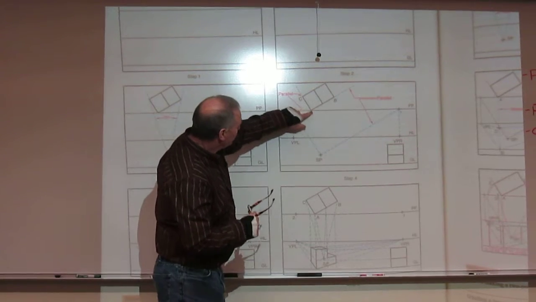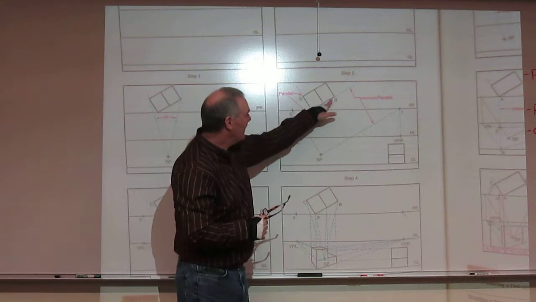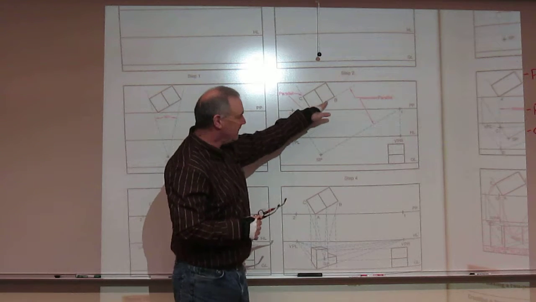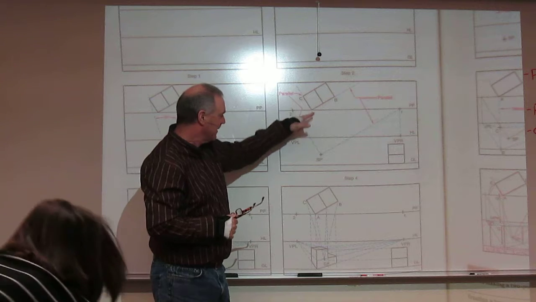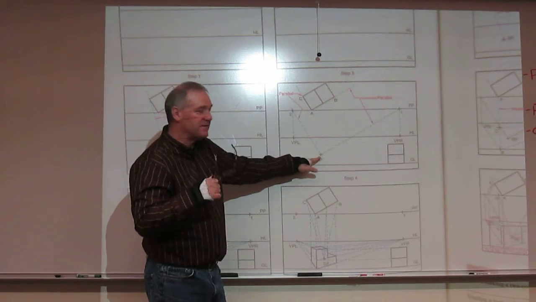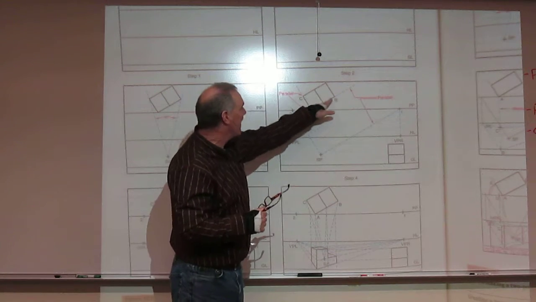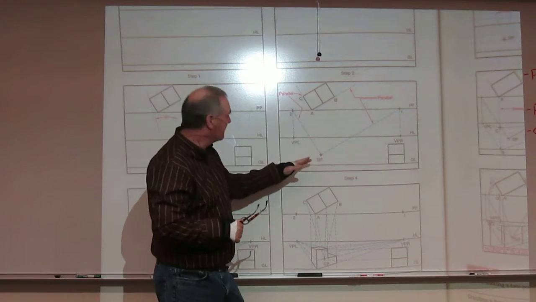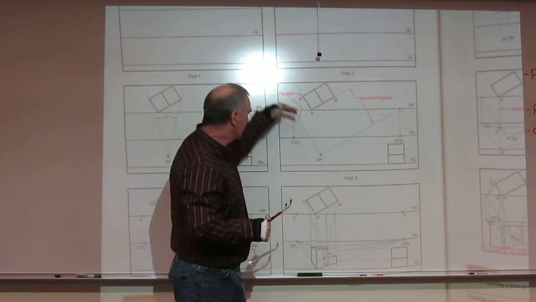Okay. Here is my depth axis. Here's my width axis, correct? Notice here, they take the angle of this width axis. Come from your station point at that same angle. So in CAD, you'll just copy these two lines to the station point and then extend them to the picture plane.